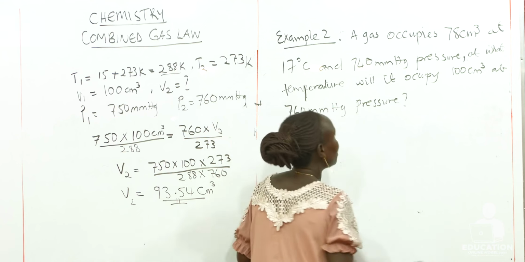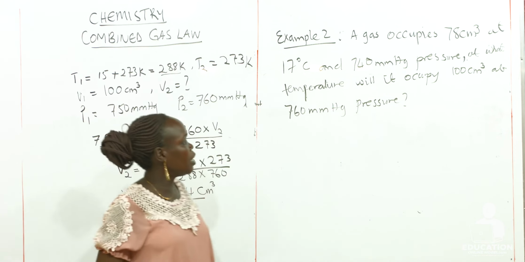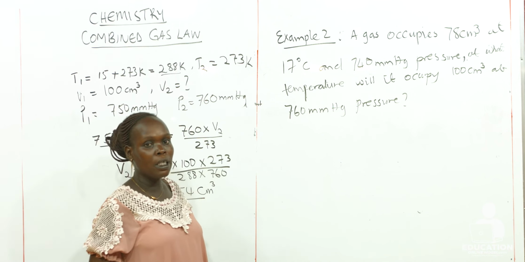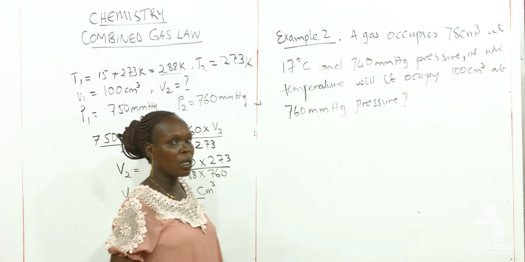We are asked to calculate the temperature. So we are representing the pressure here to be 760 millimeters, which is represented by the mercury scale.